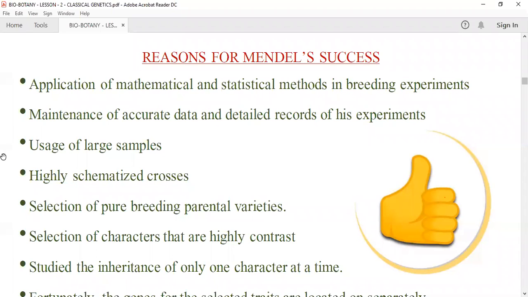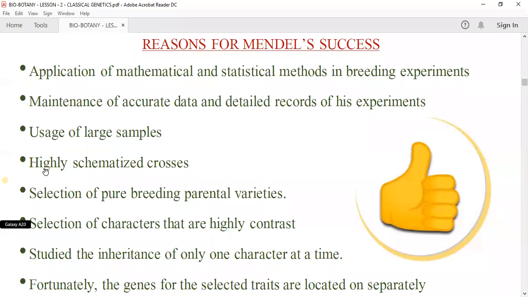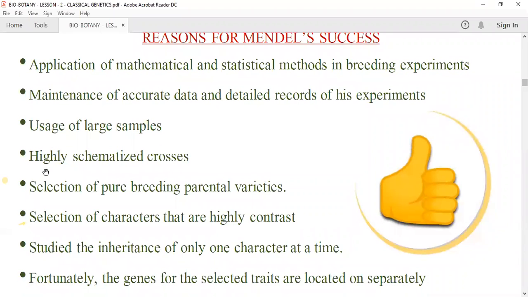He made many crosses, and for selection he used pure breeding plants for his experiments, so that he could get a good result. He selected highly contrasting characters and studied the inheritance of only one character at a time, so there is no overlapping at all.